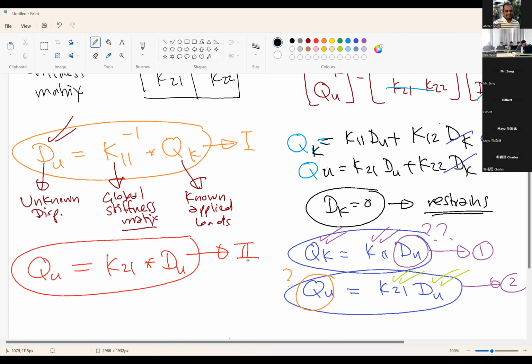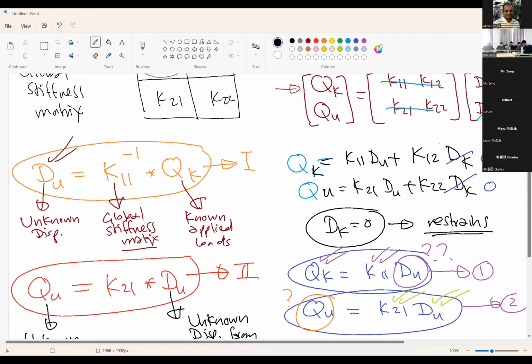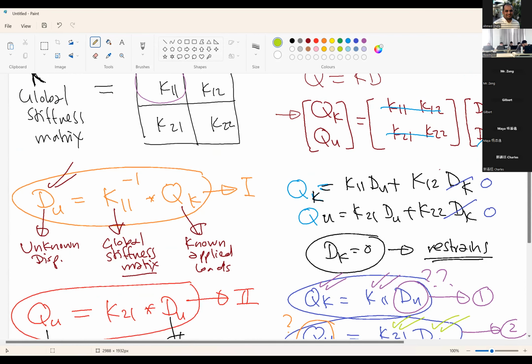Qu is the unknown reactions, Du is the unknown displacement that we calculate from the previous equation, and K21 is from the stiffness matrix, this one, and K11 is this one.